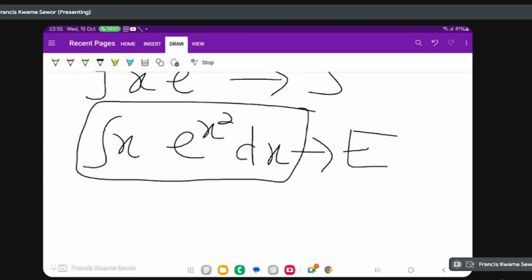If a function is raised to a power, does it mean that it's substitution? It doesn't mean it's substitution. If a function is raised to a power and you differentiate the function itself and you get a constant, it means you can use substitution. Now you are talking.